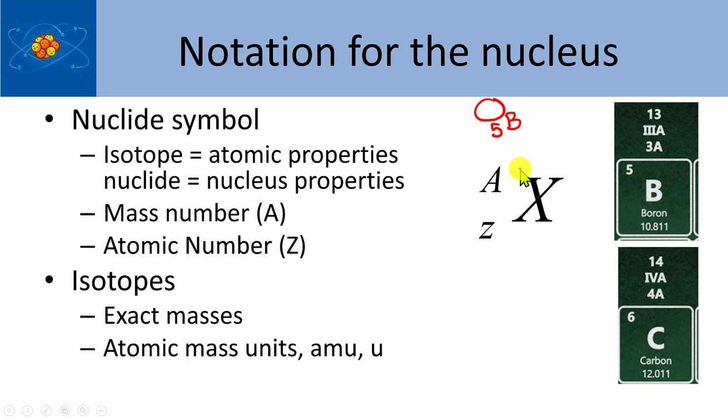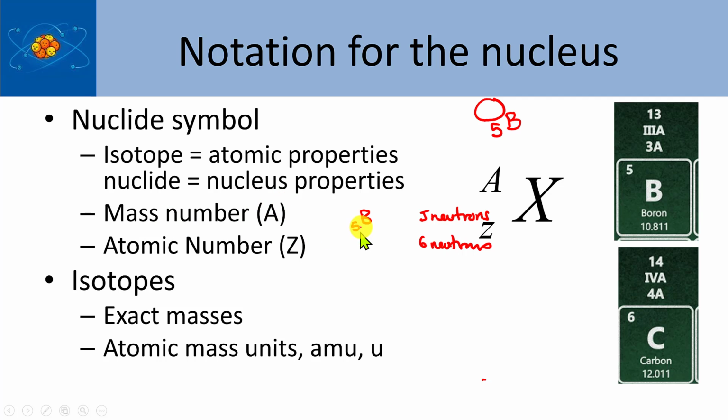There's boron with 5 neutrons. Let me write it like this: boron that has 5 neutrons. And there's boron with 6 neutrons. And together, right, all boron atoms have 5 protons.